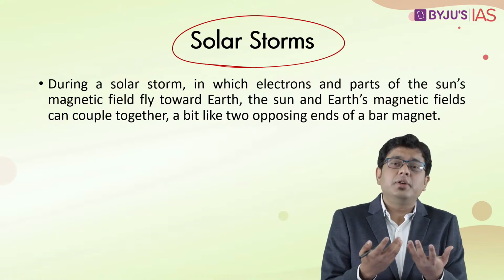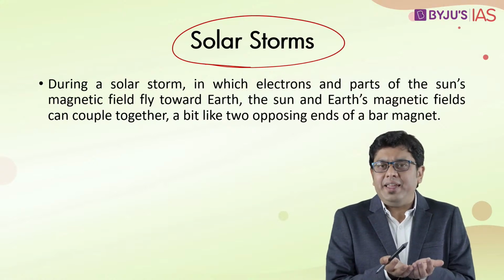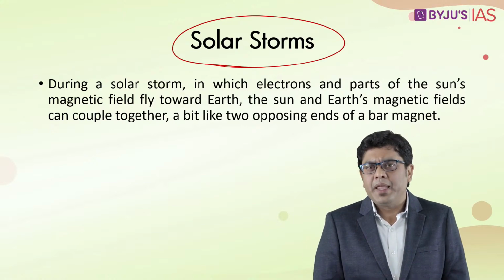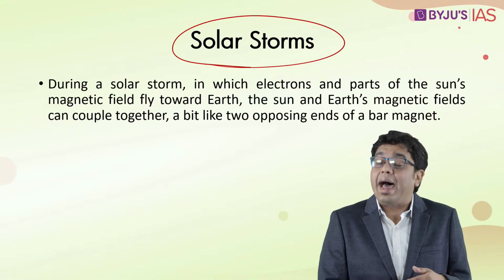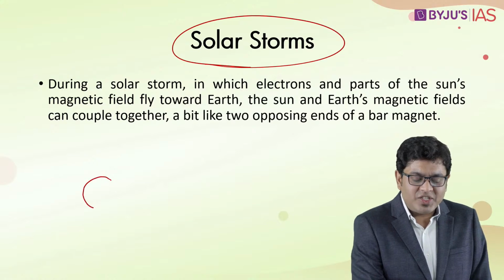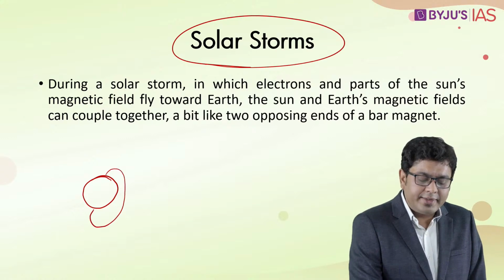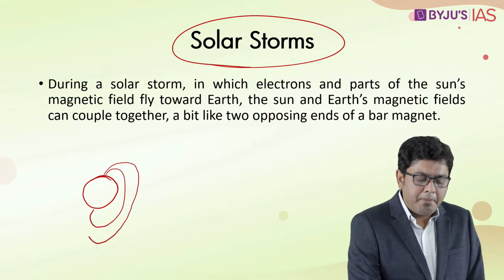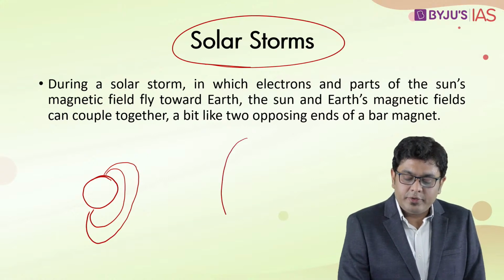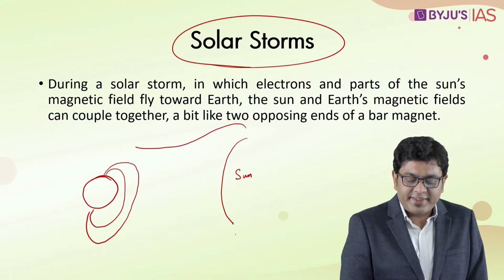Now, solar storms occur when the Earth's magnetic field aligns itself with the solar magnetic field in such a way that the transfer of electrons happens in a very quick manner. Just to provide you an imagination, suppose this is the rough representation of the Earth, and let us suppose here we have the magnetic field of the Earth on one side, and here is the sun and the magnetic field lines of the sun as well.